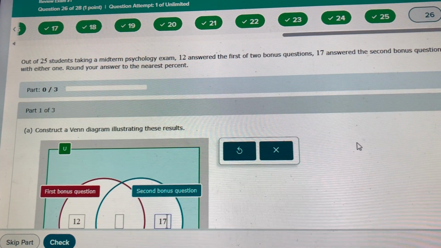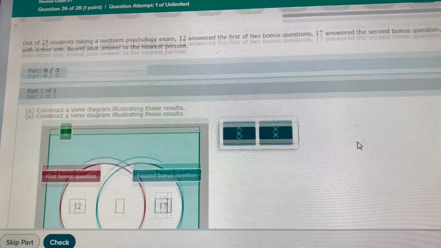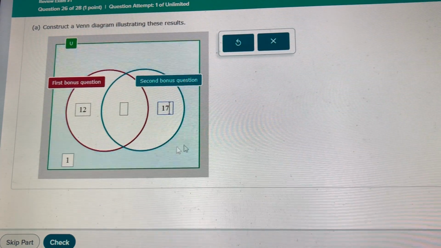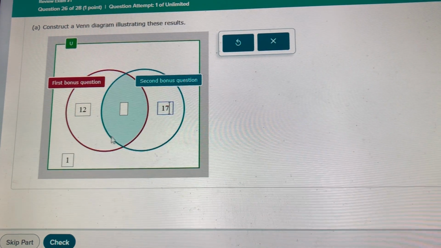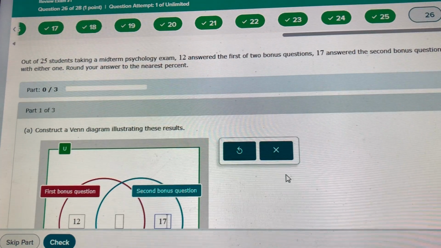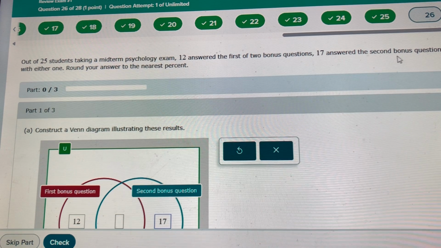Nope, that can't be right. Okay. So, because there's only 25 total students. So this is 12. And this is 17. So we don't know the middle portion. 17 answered the second.